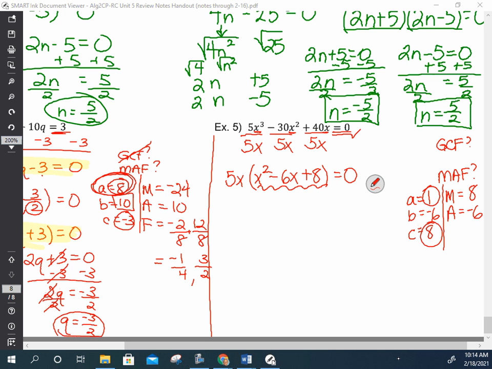So we think about all the possible ways that we can get to 8. And then you figure out which one will add together to give me -6. Add those, you get 9. Add those, you get 6. Add those, you get -9. Add those, you get -6. There's our winning combination.